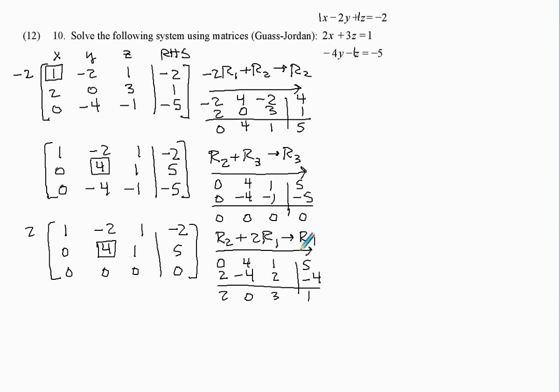So that's our new row 1. So in our next step here, we've got 2, 0, 3, 1 is our new row 1. And row 2 and row 3 stay the same. So row 2, 0, 4, 1, 5, and row 3, 0, 0, 0, 0.